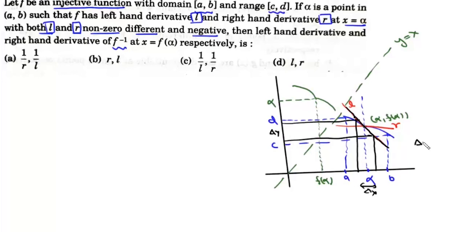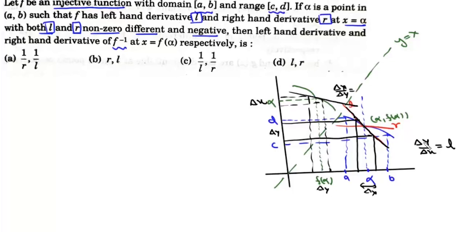So we can write delta y upon delta x is equal to L. Now if we take the reflection of this tangent about the y equals x line, then it will be drawn like this. Here delta x and delta y will interchange. Whatever was delta y will now become delta x. So in this case, the slope of this tangent will be delta x upon delta y.